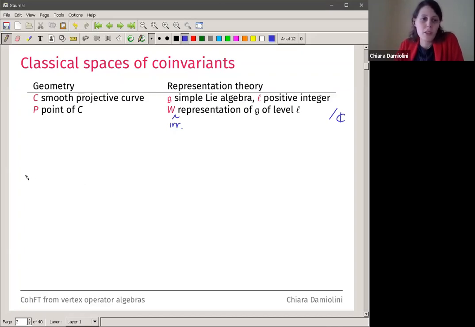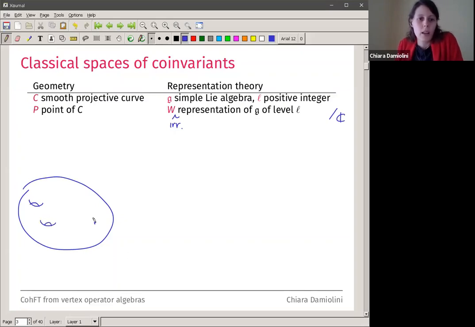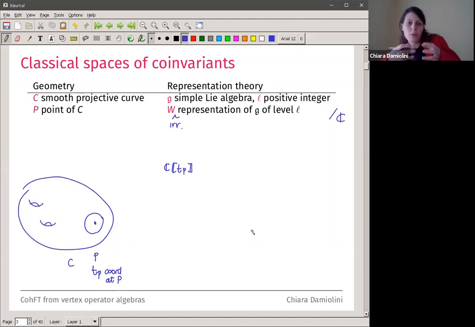How do I do it? Well, first of all, every time I have a Riemann surface or a curve, assume it's something like this, I fix my point, P. I want to go very close to the point and take a formal disk around it. If I take a formal disk, I can see it as power series with coefficients in C, where t_P is a coordinate at the point P. So this represents the disk, and I can use this ring.